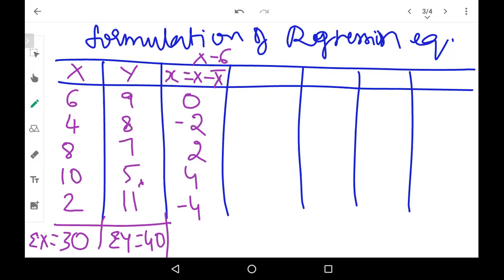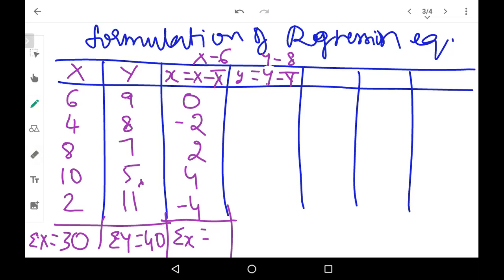Okay. Now total this and tell me what is the value that you get. Sigma small x. What is the answer that you get?